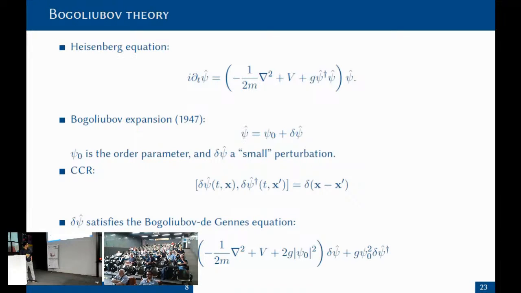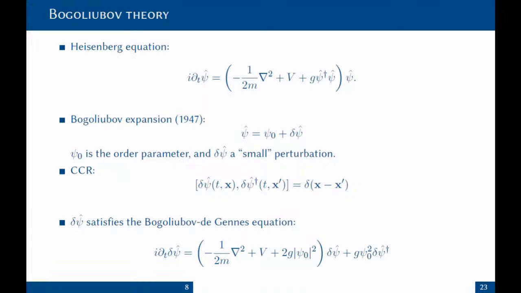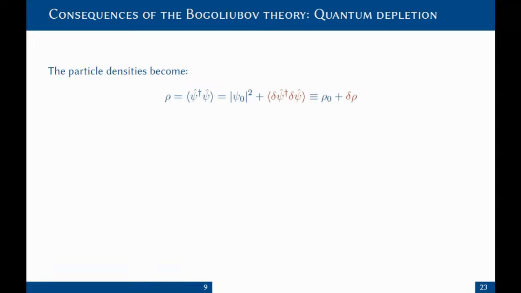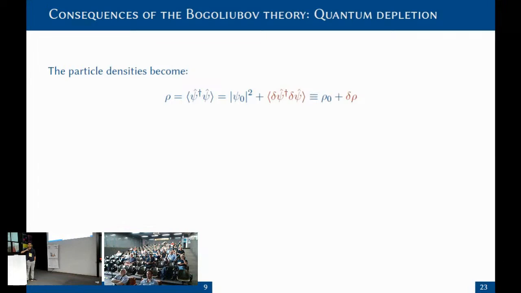So the perturbations at this level follow a different equation from the condensate part. When we do that, the particle density now gets a small contribution over this background density, and the same for the particle current. Okay, so here it is separated.